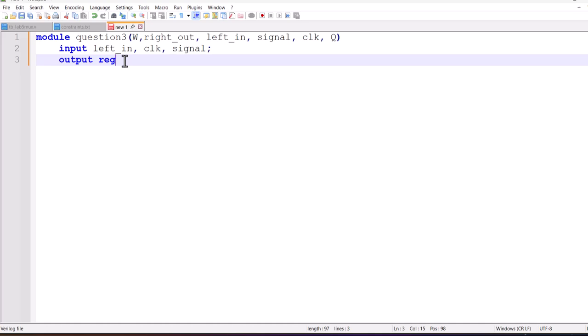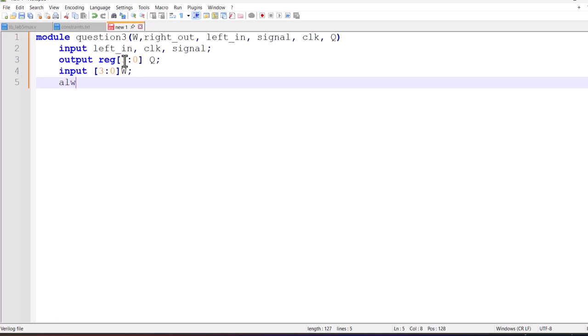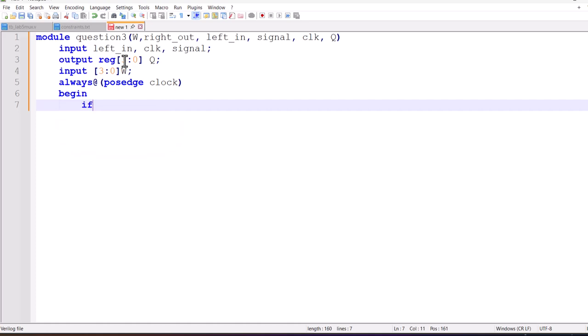Output reg [3:0] Q, input [3:0] W. Always at posedge clock, begin. I don't know if I'll have more than one thing in here.